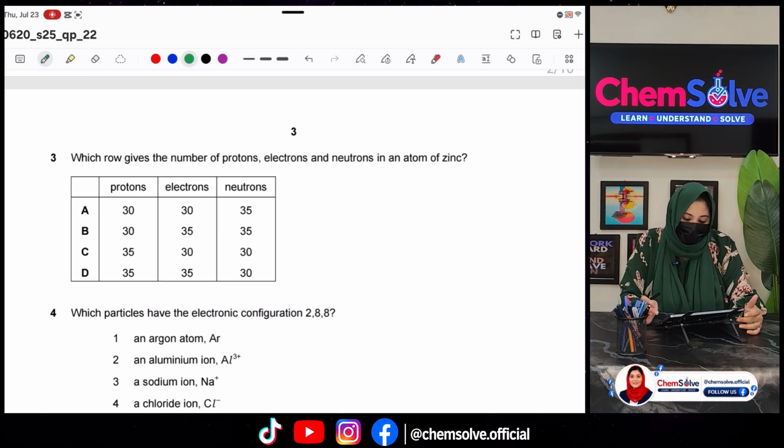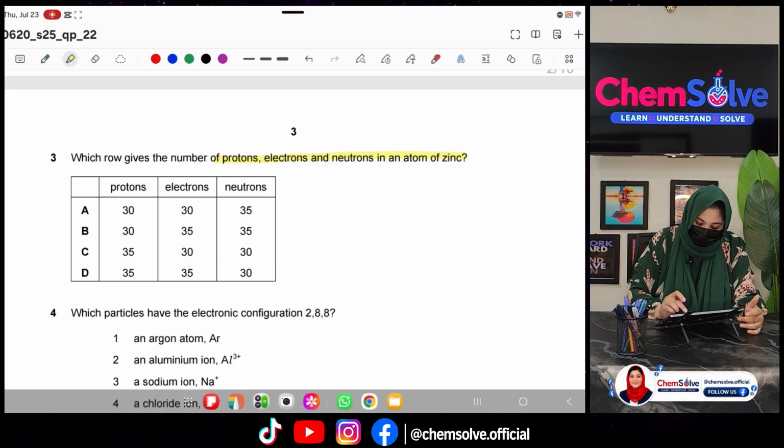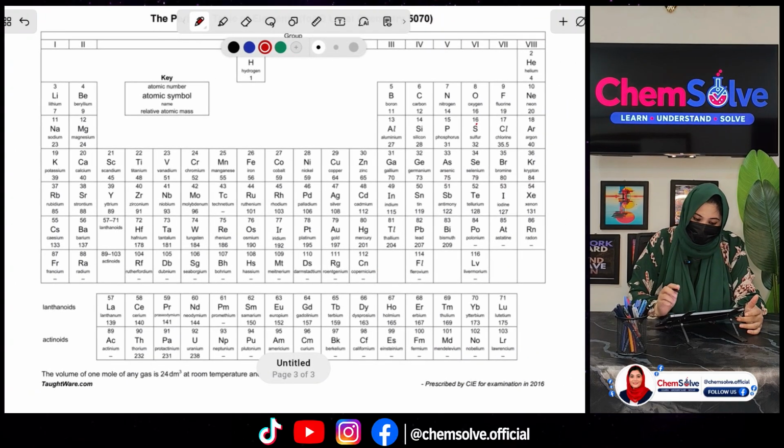Now we have to move towards question number 3. What does question number 3 say? Which row gives the number of protons, electrons and neutrons in an atom of zinc? For that, we have to look at the periodic table. So zinc is here in the periodic table.